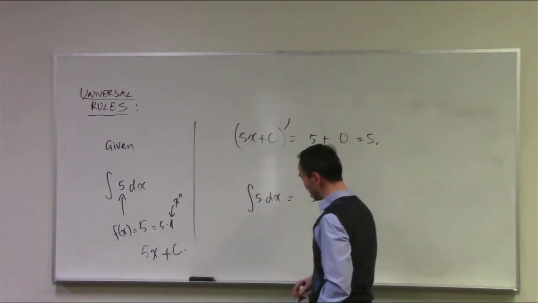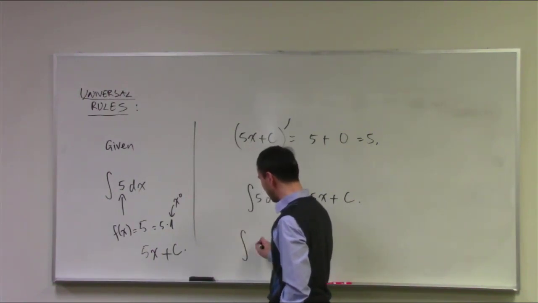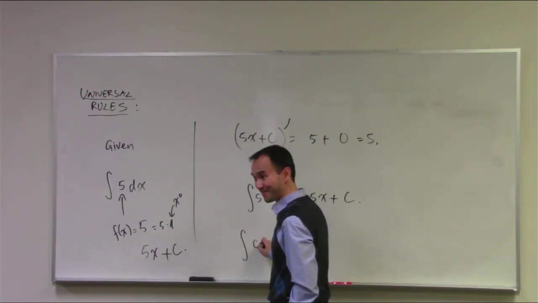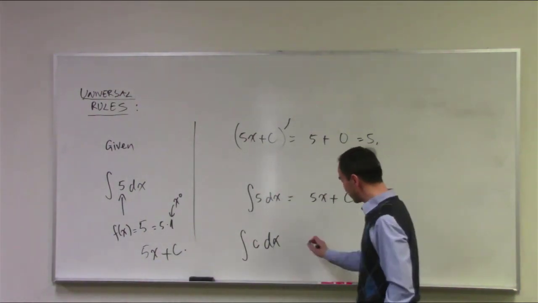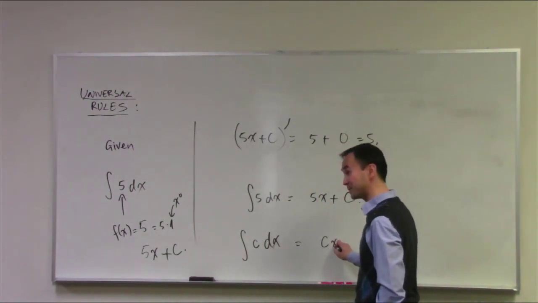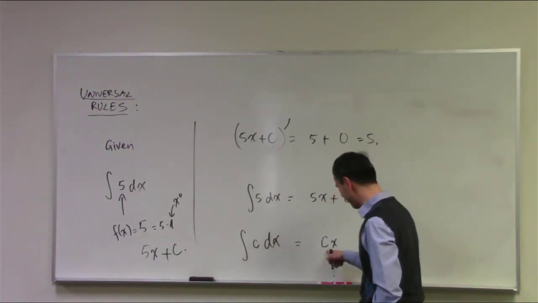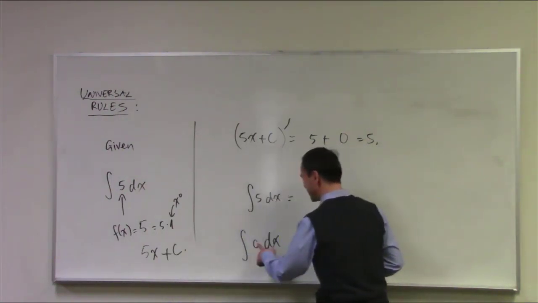So what did we observe here? What if I go outside of 5, but generally take a constant c, with dx being right there. Taking the antiderivative of any constant really gives me just cx. Guys, can I change to a different letter?